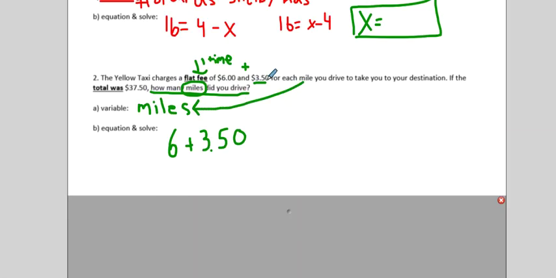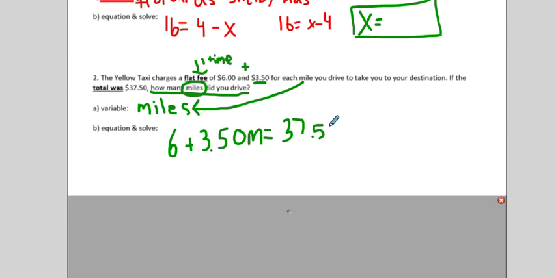So we're doing $3.50 once, maybe $3.50 twice, 3 times. We're not sure how many times. So if we don't know how many times we're paying it, we have to put a variable with it. So it's $3.50 times the number of miles we drove, which we don't know how many we drove. And what does that all equal? What is the total that they give us in the equation? They say the total was $37.50.